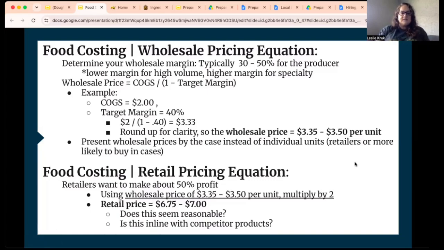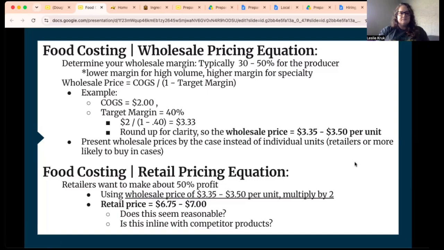So looking at all these things, doing these calculations ahead of time and figuring out where you really want these items priced. And in this circumstance for wholesale, you can also include this retail pricing to let that wholesaler know, I want you to sell this to the public at least at these prices.